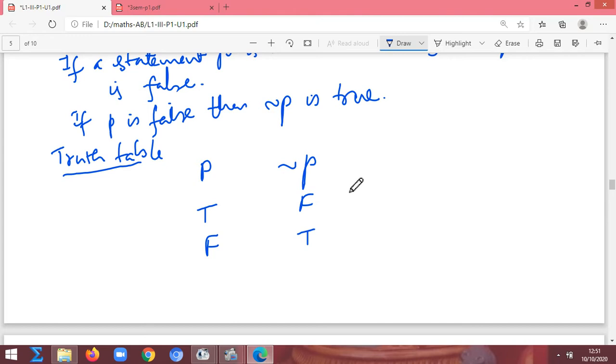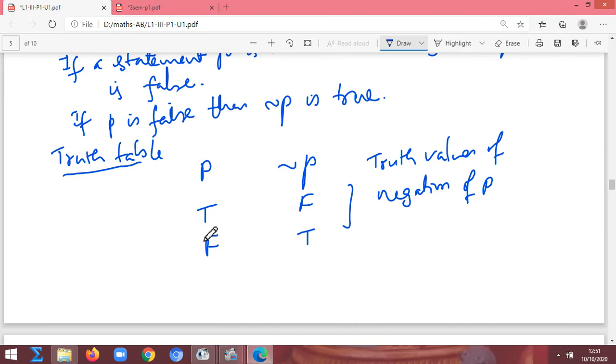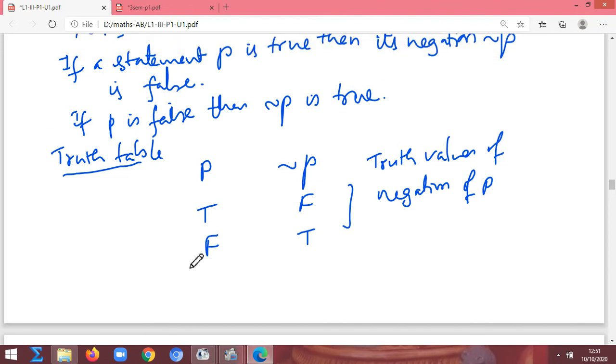These are the truth values of the negation of p. That is, when p is true, the negation is false, and when p is false, the negation is true, and vice versa. So, this is about the negation.